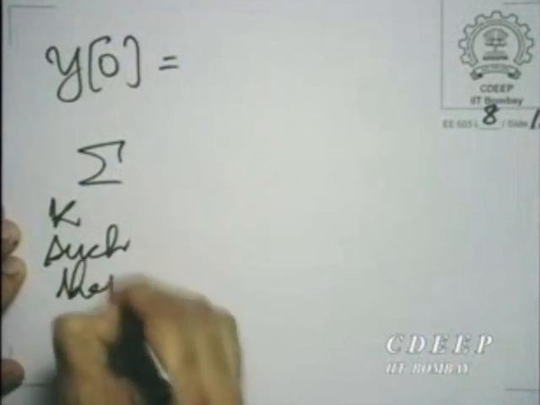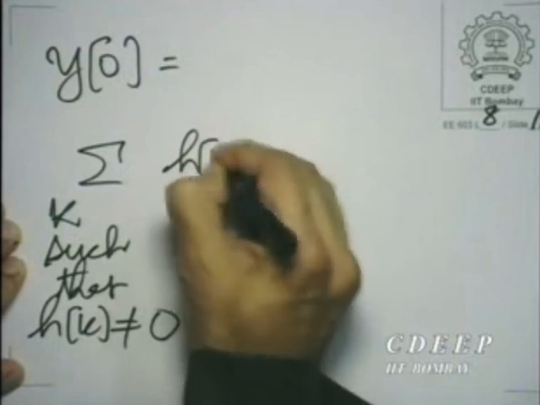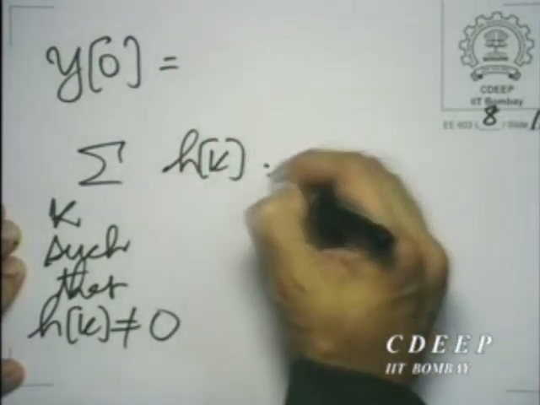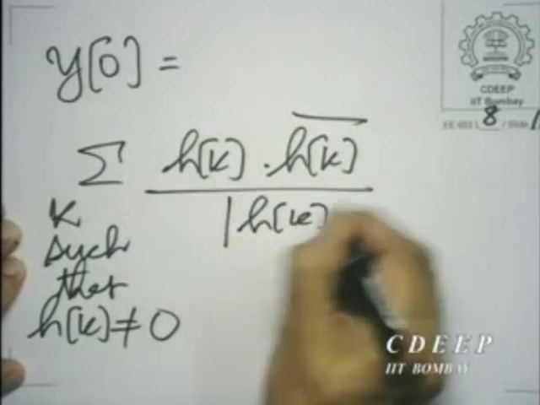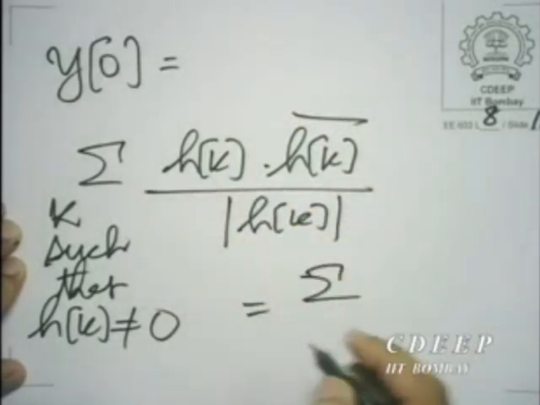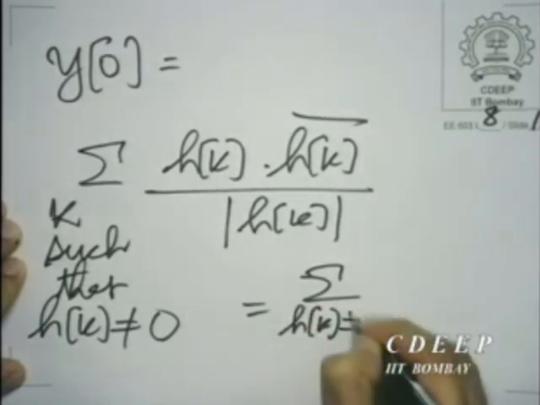Now if you do this, how much is the output y[0]? Clearly, y[0] is obviously summation over all k such that h[k] is not 0 of h[k], now x[minus k] is h[k] bar divided by mod h[k], and this is simply summation over all h[k] not equal to 0 of mod h[k].